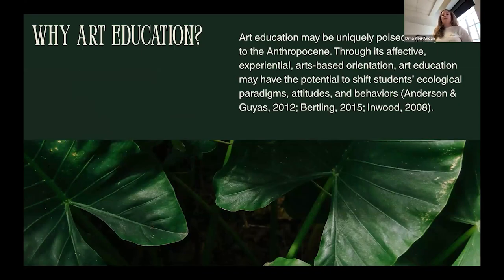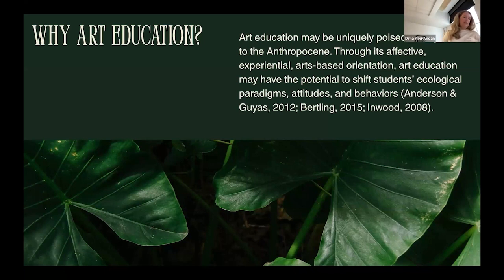Art education may be uniquely poised to respond to the Anthropocene through its affective, experimental, art-based orientation. It has the potential to shift attitudes. I'm just going to state Hillary Inwood again.